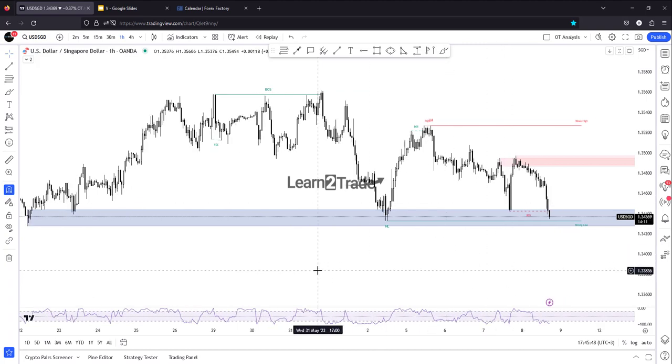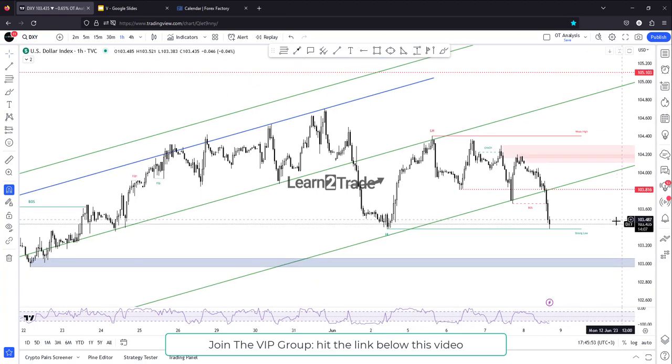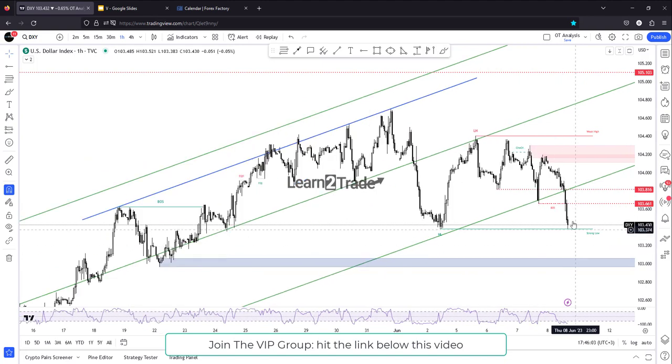The DXY. Let's take a look at the DXY. The DXY extended its sell-off, ignored the lower median line of the ascending pitchfork, the former lows, and it could maybe approach and reach, of course, if it will also drop and close below the former low here, below 103.38, it could extend its sell-off and it could reach this demand zone.